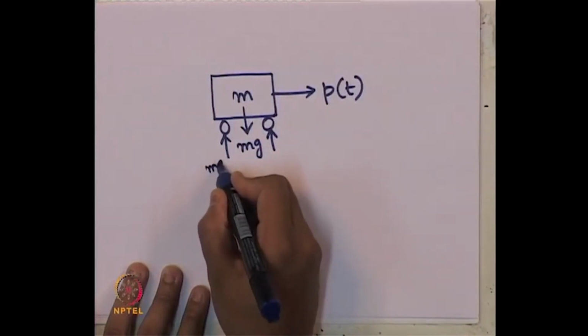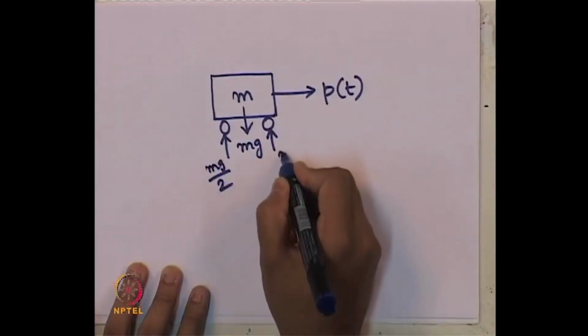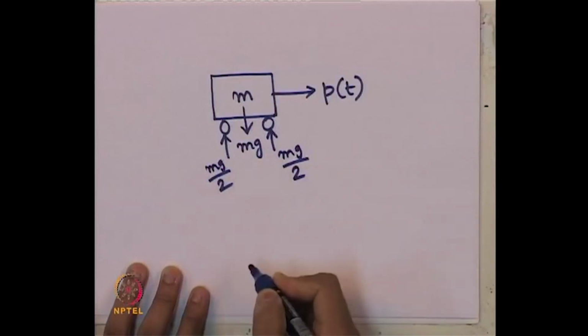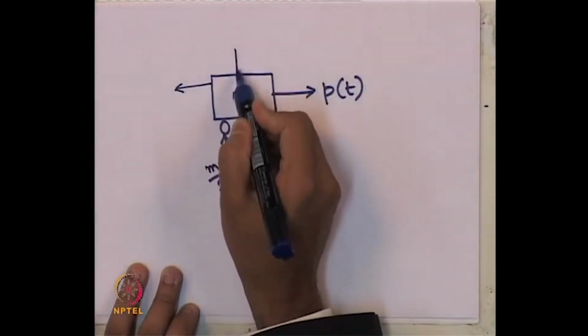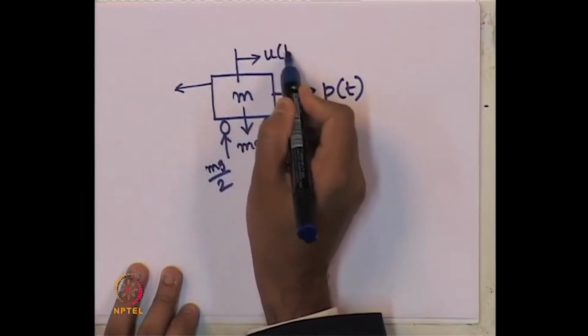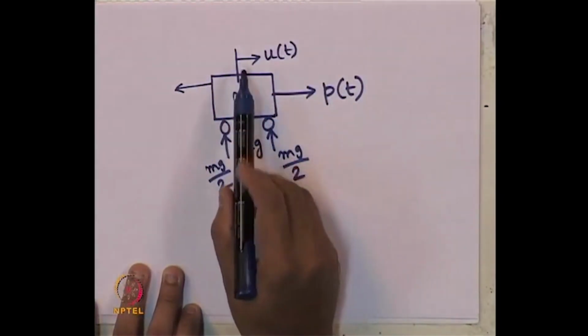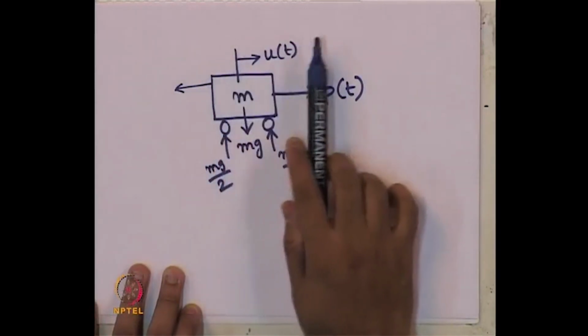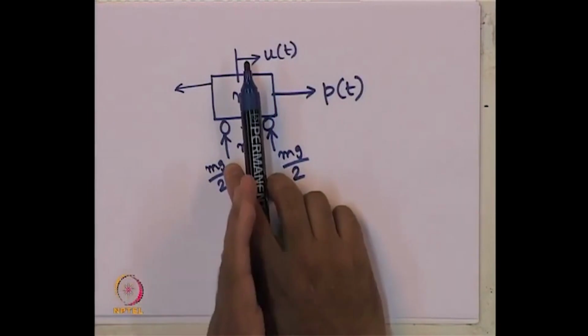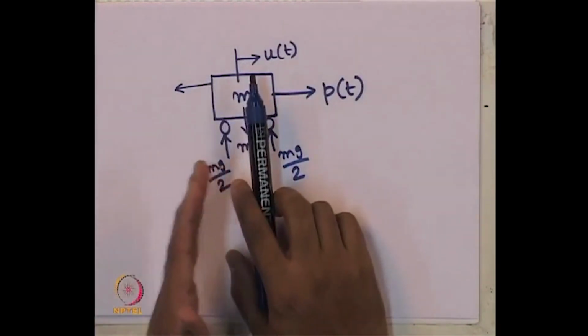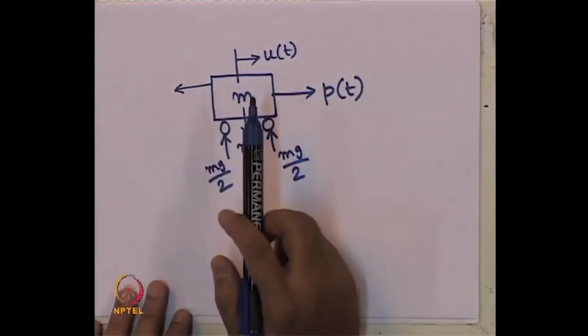So, this will be mg by 2, this will be mg by 2, and as at any instant of time it is prompted to move, we have taken its direction of motion in this way. Obviously, the forces of resistance will try to pull it back to its original position.